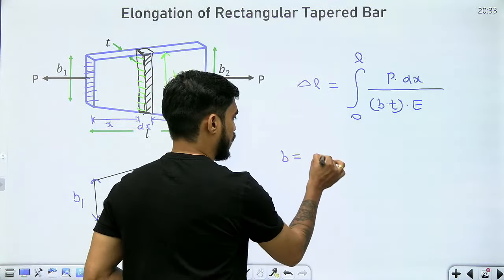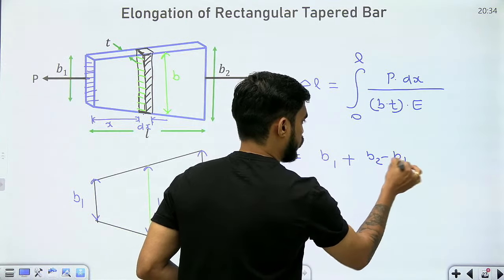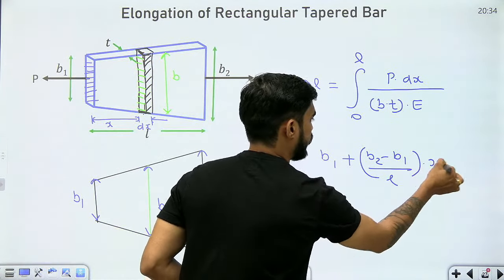So b will be equal to b1 plus (b2 minus b1) by L into x.